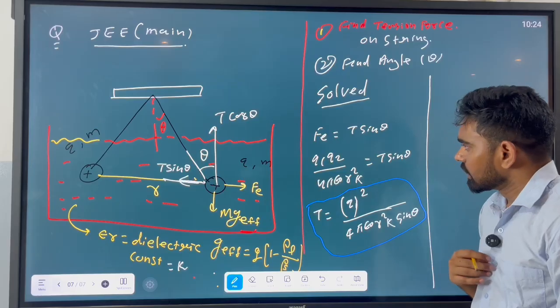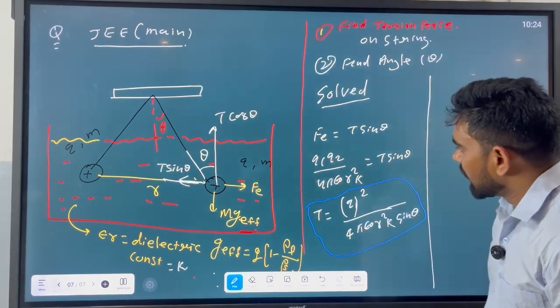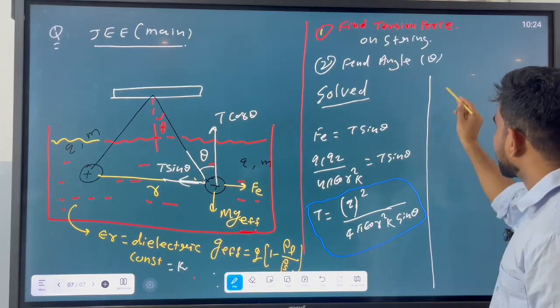And the second concept: T cos theta balances mg effective.